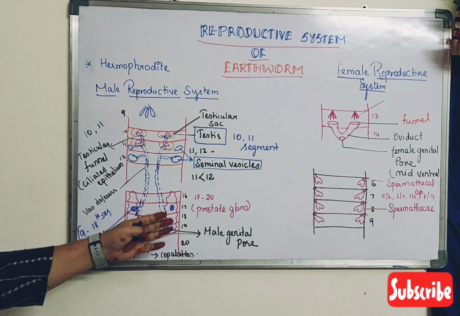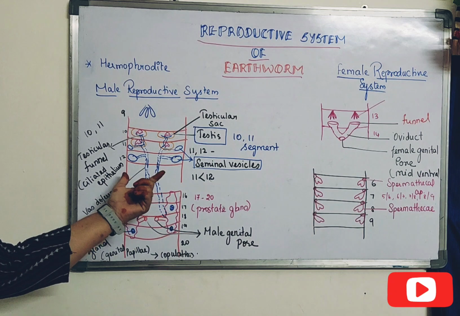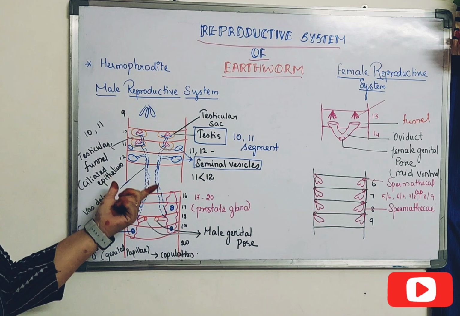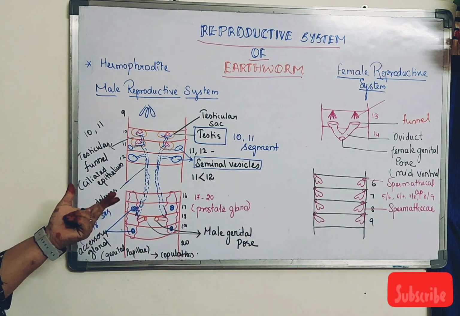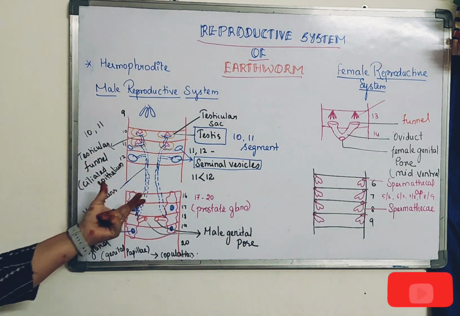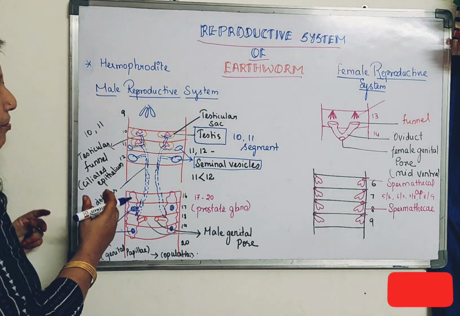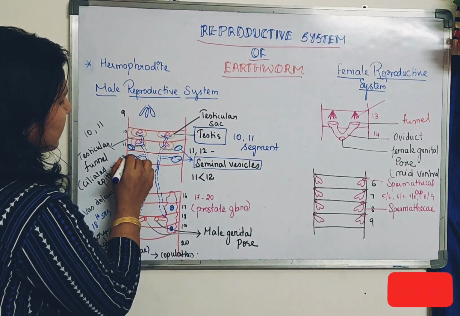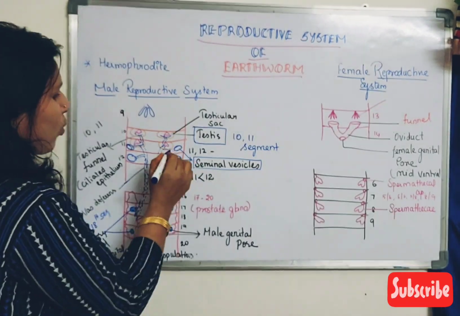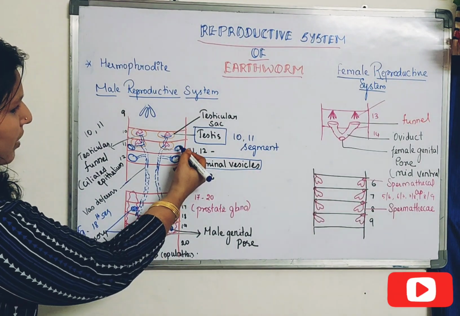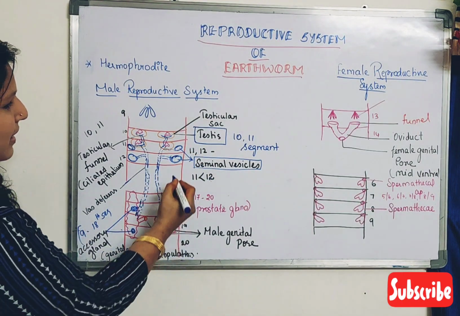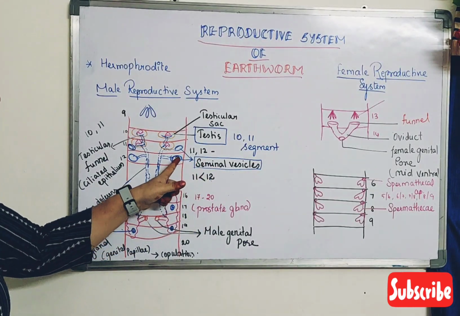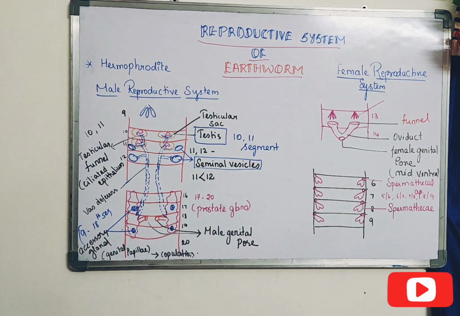What are seminal vesicles? Seminal vesicles are the fluid-like substance which gives a liquid stage to those reproductive parts. Clear? These seminal vesicles are present in the 11th and 12th segments, and structurally the seminal vesicle of the 11th segment is a little bit smaller than that of the 12th segment.